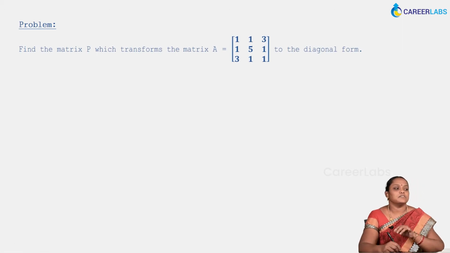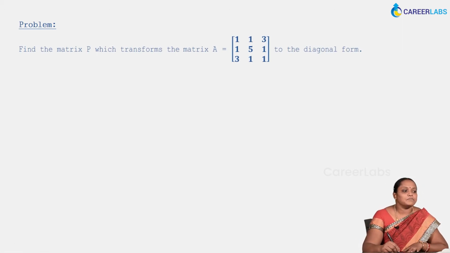Now let us start with the problem. Find the matrix P which transforms the matrix A equal to [1, 1, 3; 1, 5, 1; 3, 1, 1] to the diagonal form. In the previous lecture we have already solved this and found the eigenvalues and eigenvectors. Let us take those answers directly.